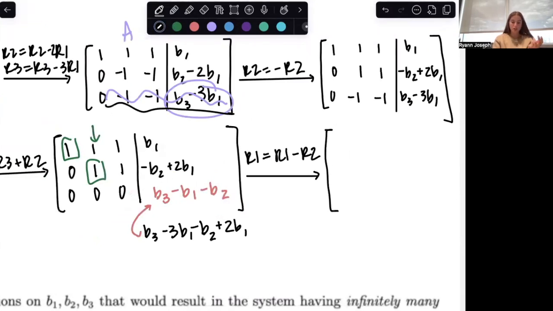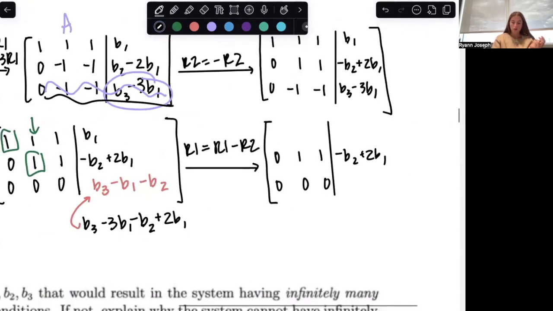So row 2 and row 3 don't change. 0, 1, 1. Negative B2 plus 2B1. 0, 0, 0. B3 minus B1 minus B2. So then row 1 is row 1 minus row 2. So 1, 0, 0.